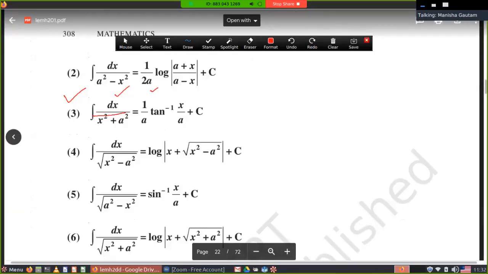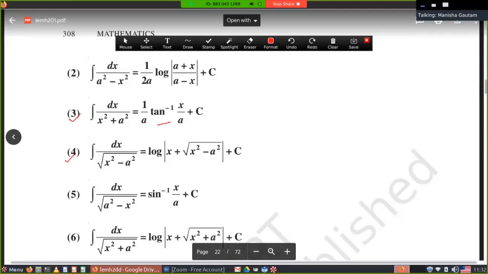Third, integration of 1 upon x square plus a square with respect to x, that is 1 upon a tangent inverse x upon a. And fourth formula, 1 upon under the root x square minus a square, that is equal to log mod of x plus root x square minus a square plus constant.